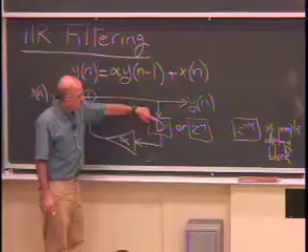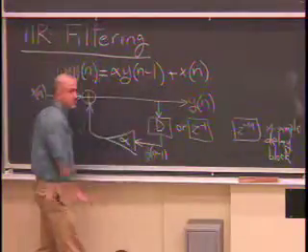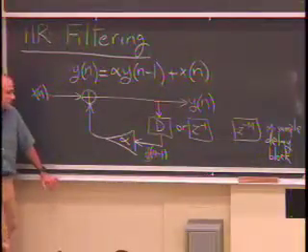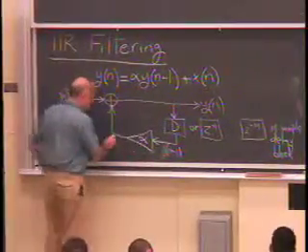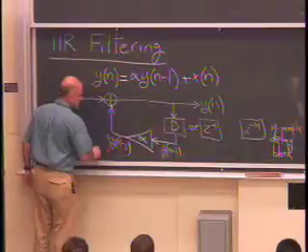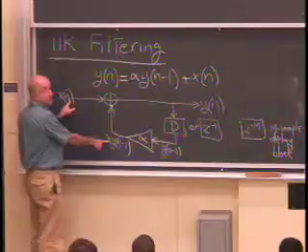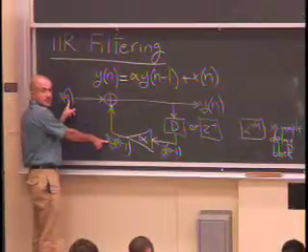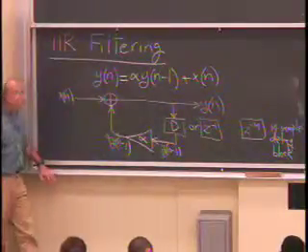So here y of n goes into this delay block, and the output of that is y of n minus 1. It's essentially a one-sample storage element. This is a multiplicative box, so what's out here is alpha times the delayed version of y. And that gets added to the input at sample n, and that's what produces the output at sample n.